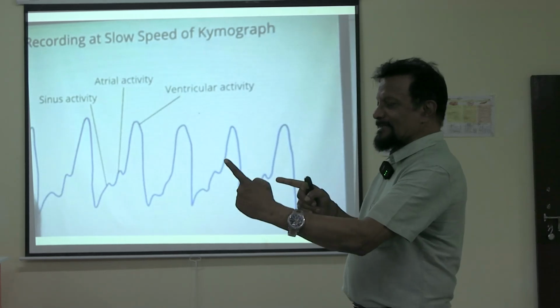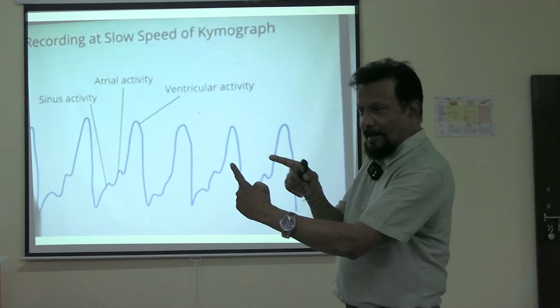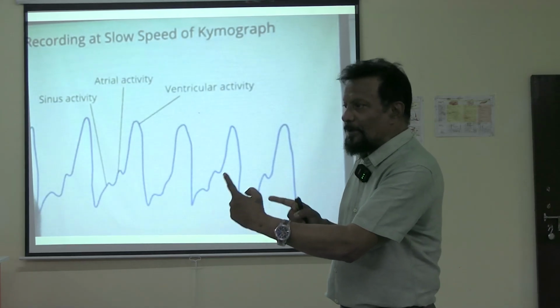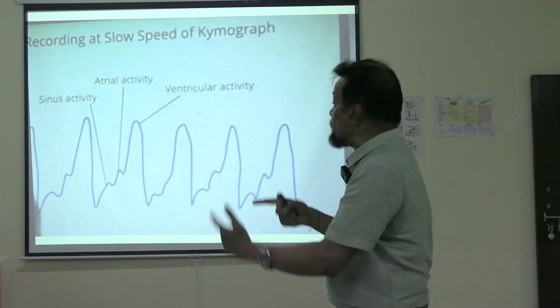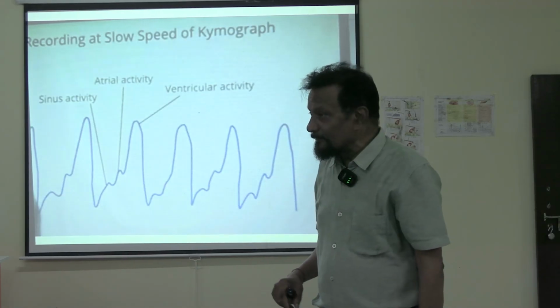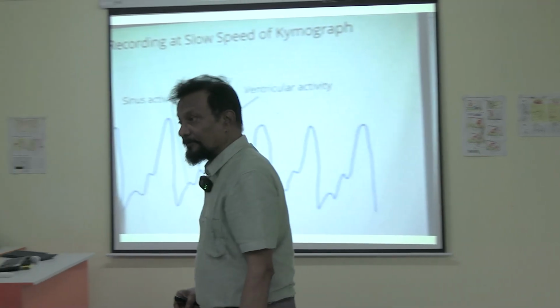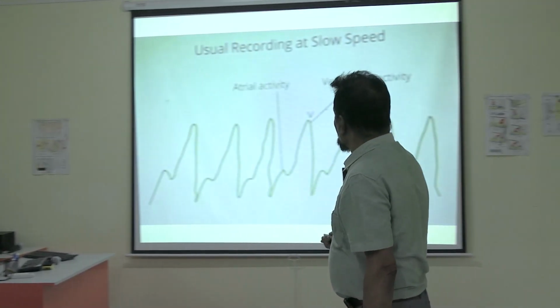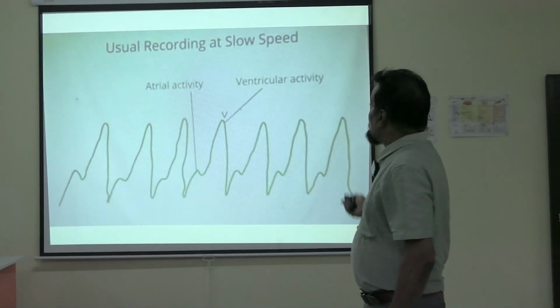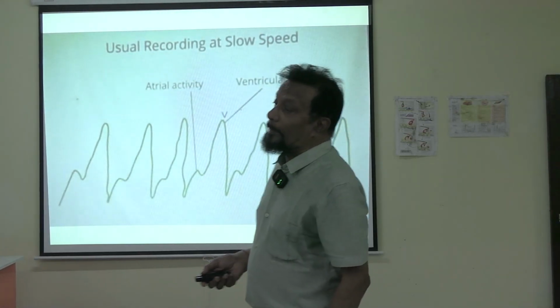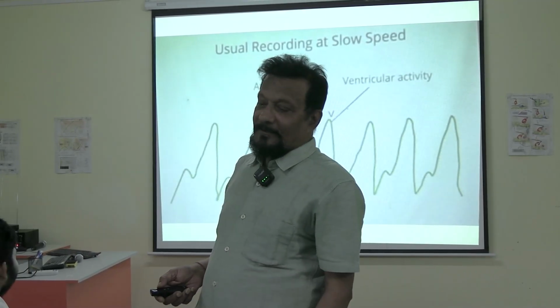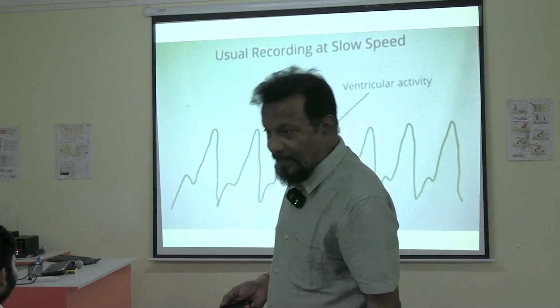Okay, so this much distance is 1 minute. From this time tracing, in 1 minute, how many beats are there? So that will provide you the rate of the heart. So in usual tracing, you may miss sinus systole and sinus diastole.